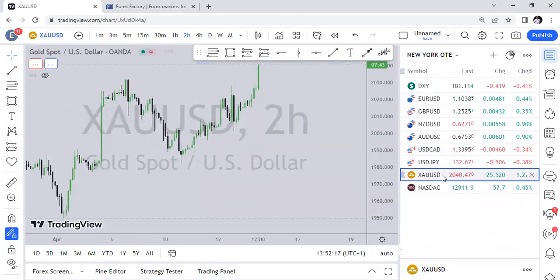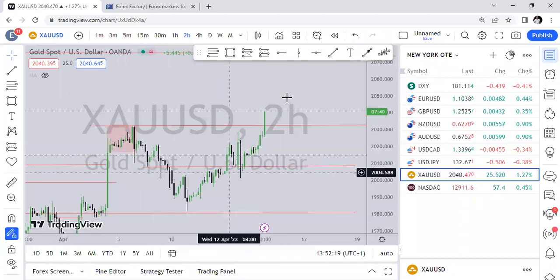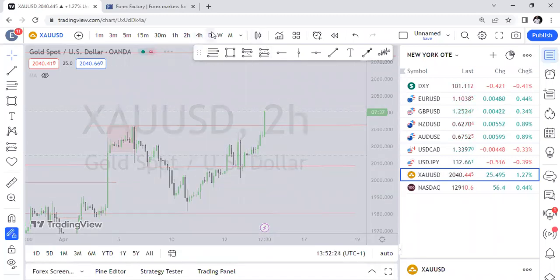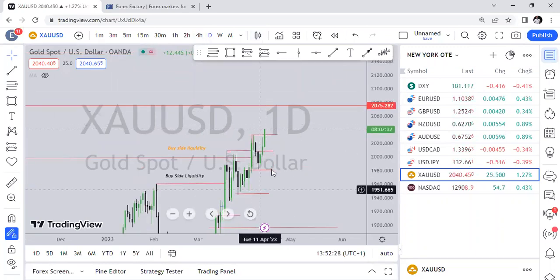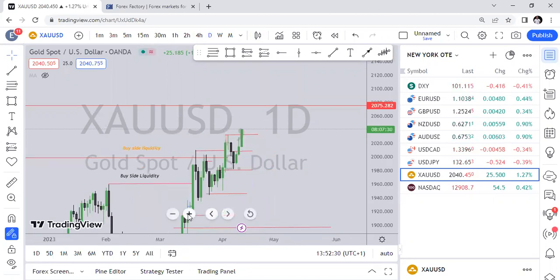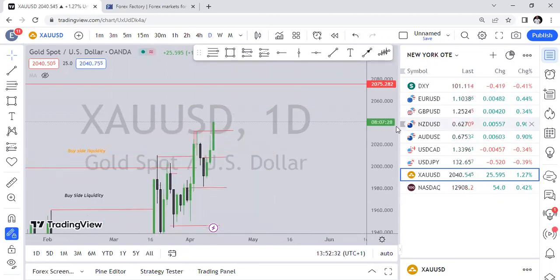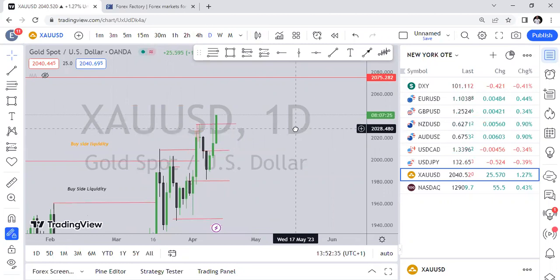So gold, we expect gold to be buying also. Gold is also on the upside. Okay, then Nasdaq.